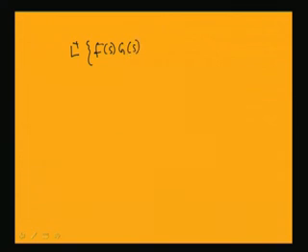So, let F s be the Laplace transform of f t, and G s equal the Laplace transform of g t.